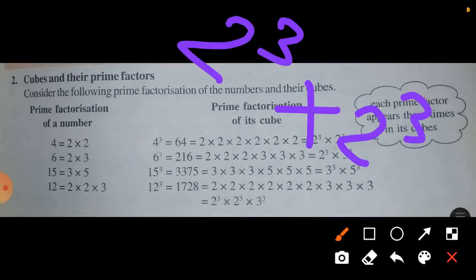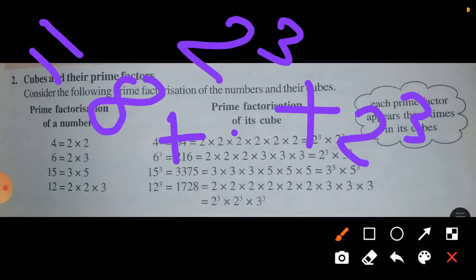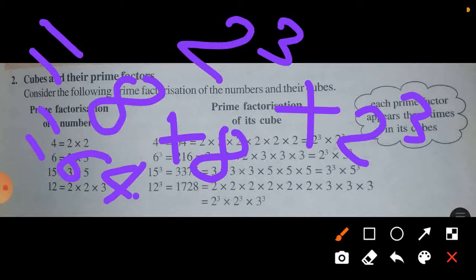Like this we can show the cube of 4, because 2 raised to the power 3 is 8, and 2 raised to the power 3 is 8, and again 8 multiplied by 8 is equal to 64. So this is our answer, because the cube of 4 is 64, and we can show this in this form.